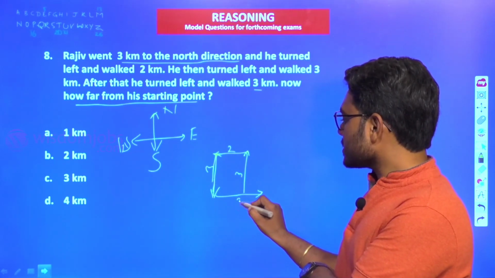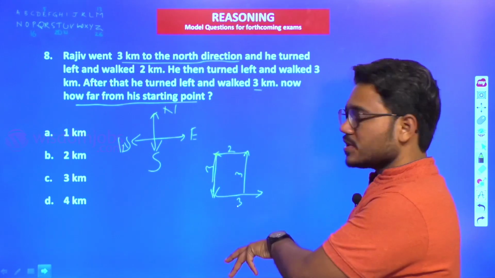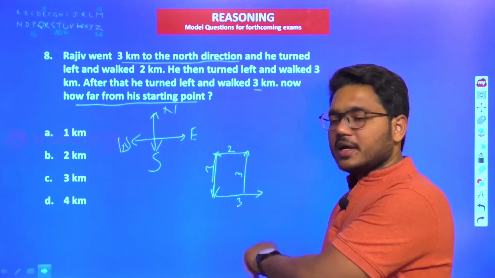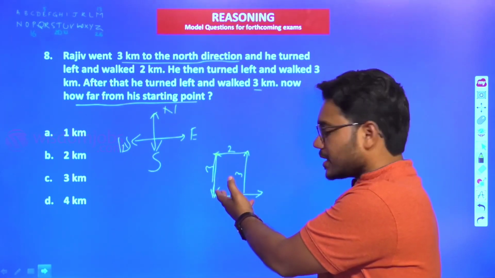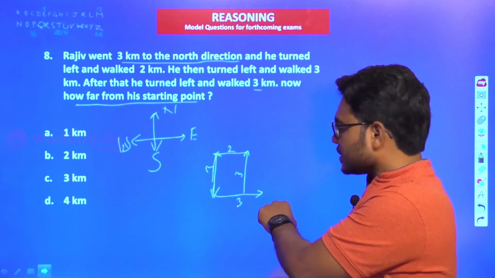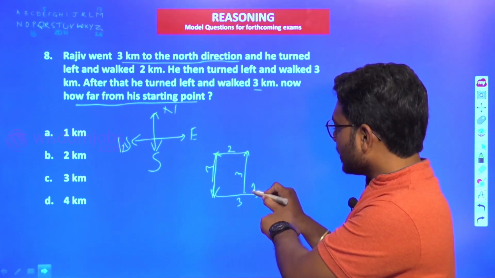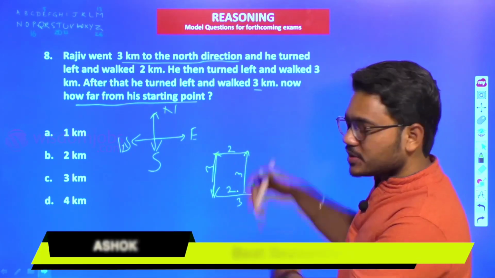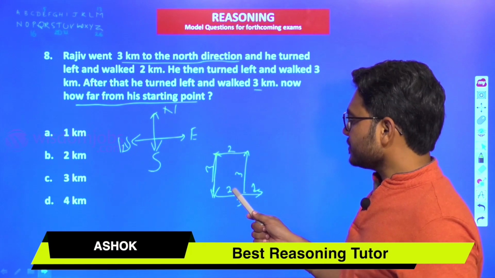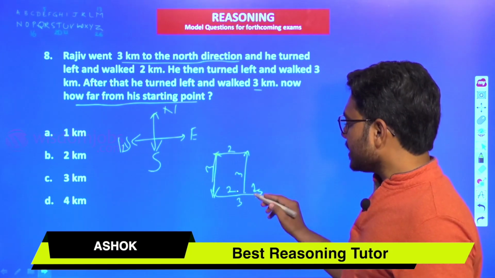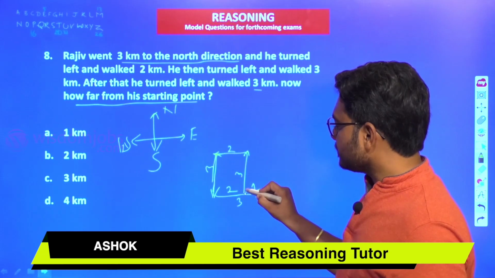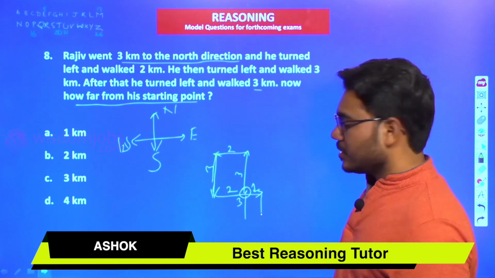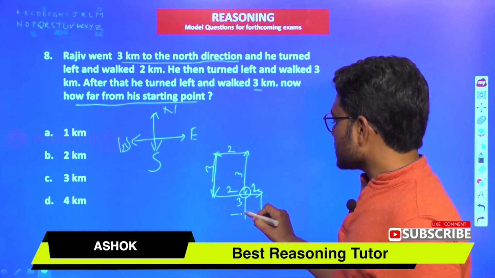You could observe that the path in which Rajiv is moving is forming a rectangle here, and he has passed the starting point by 1 kilometer, because this distance will be exactly opposite of these 2 kilometers. So this is our answer.